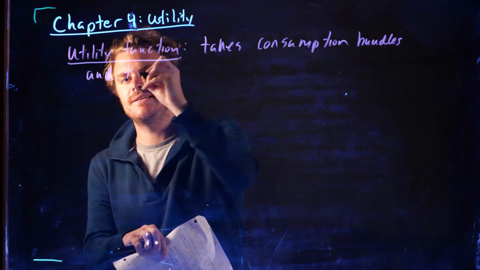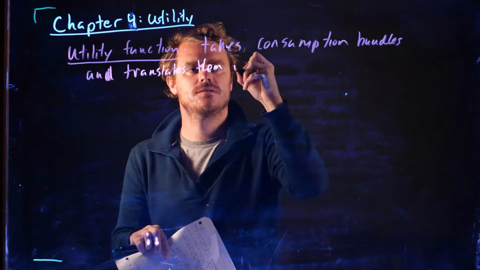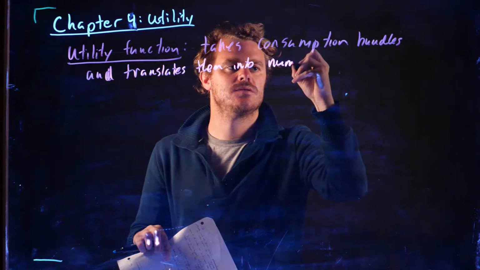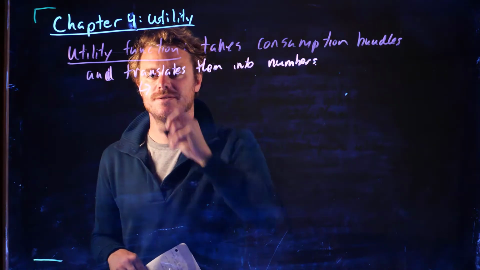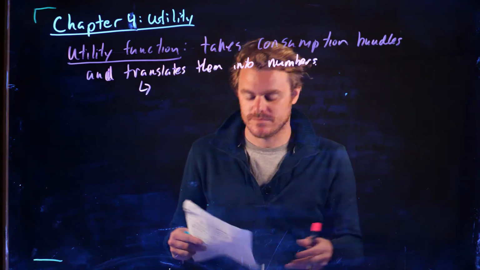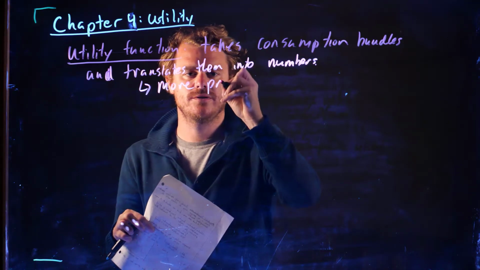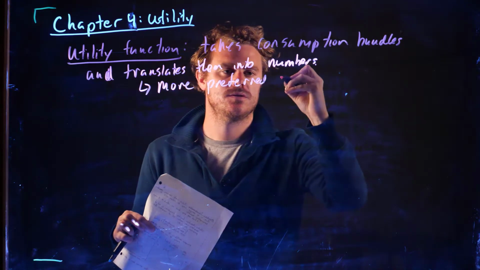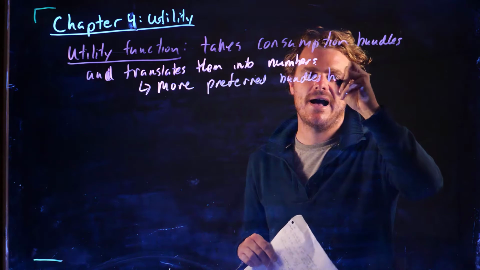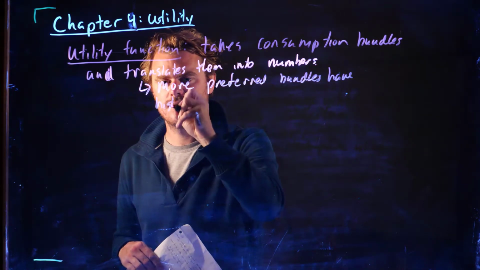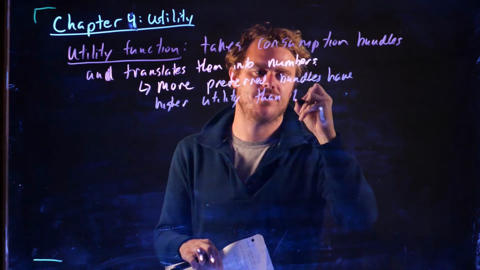So more preferred bundles have higher numbers. More preferred bundles have higher utility than less preferred bundles.